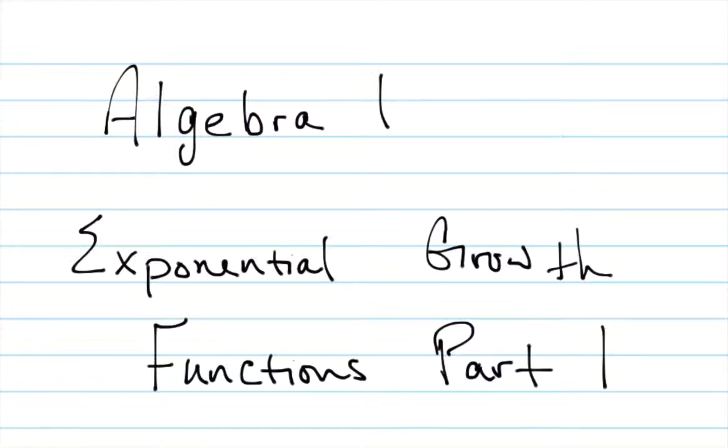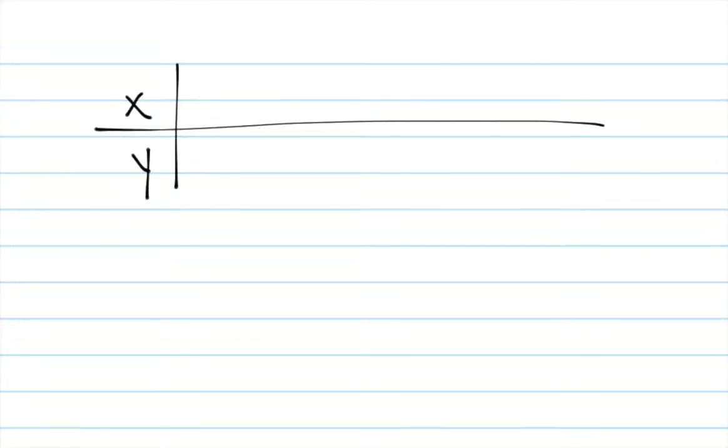So our first step is in understanding how to recognize an exponential function given a table. So in our first example, we're given a table of x's and y's, pairs of inputs with outputs.